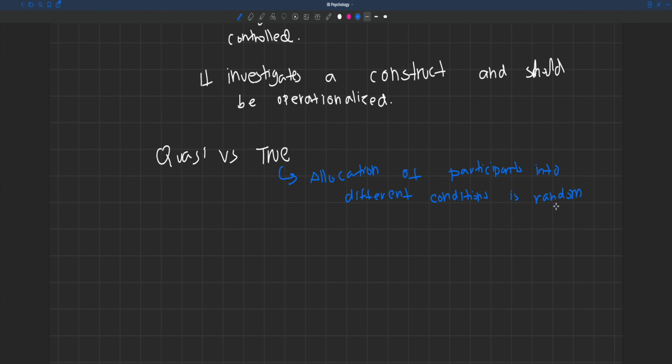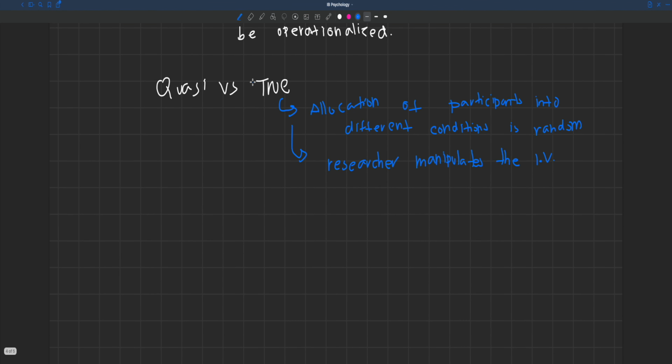This means that the researcher cannot select which type of participants will go to which group, and the researcher manipulates the independent variable, the IV for short.